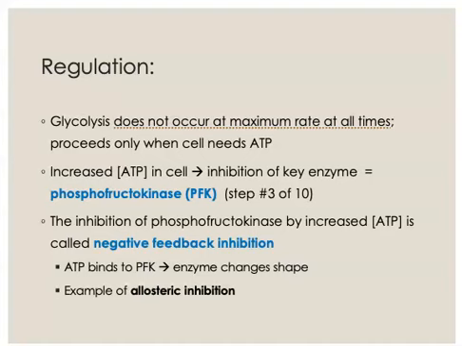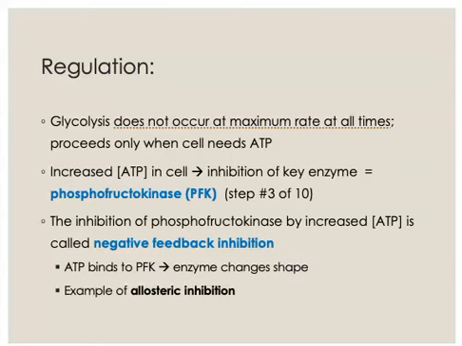So when there's enough ATP in a cell, in other words, when there's an increased concentration of ATP in a cell, the cell will slow down glycolysis by inhibiting one of the enzymes. It's a key enzyme. It's the enzyme that catalyzes step 3, as a matter of fact, out of the 10 steps.